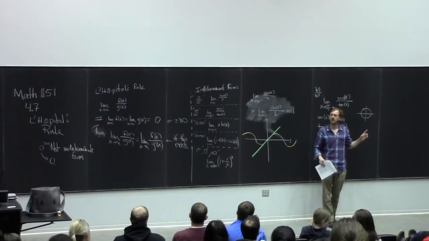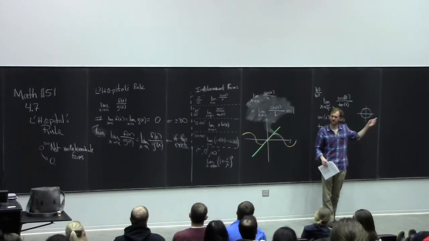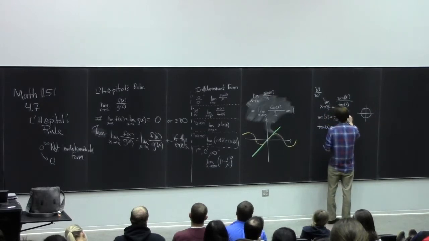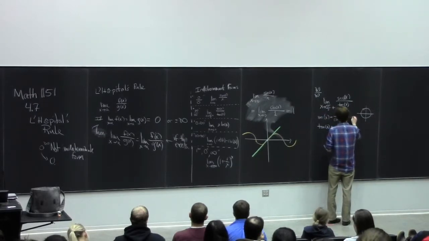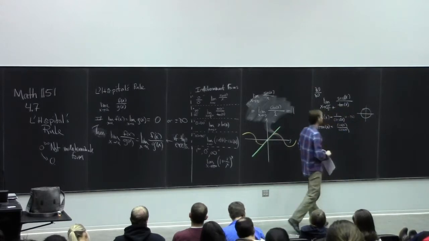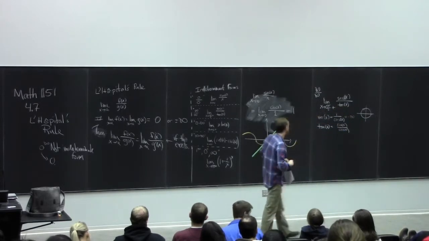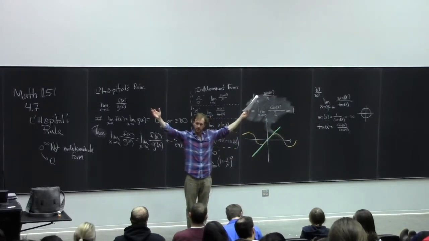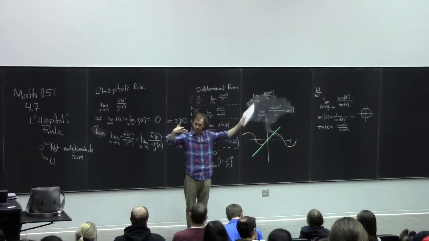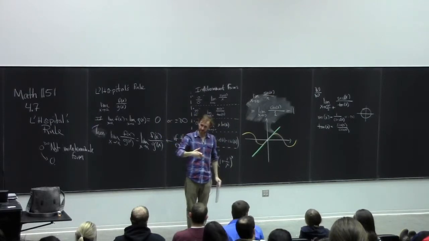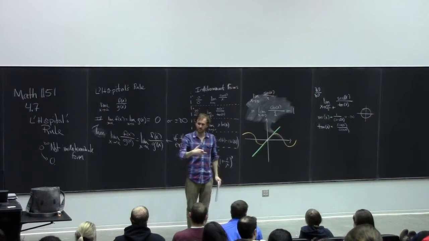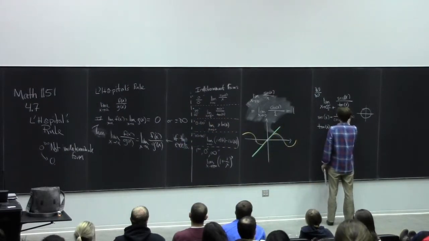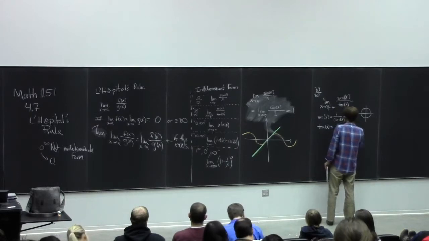Cosine is negative until it gets here. So this is going to equal negative infinity. And sine of pi over 2 is close to being 1, right? And then we're dividing by things that are closer and closer to negative 0, right? So this is also going to go to negative infinity.